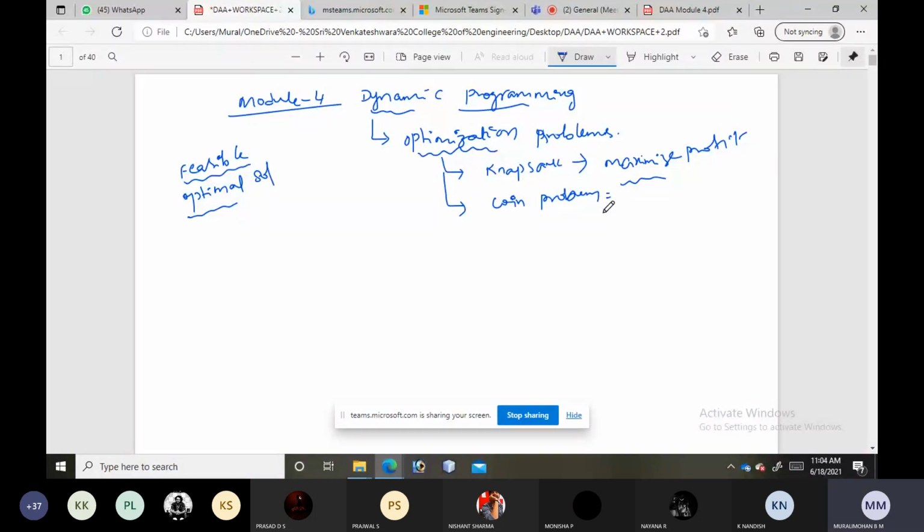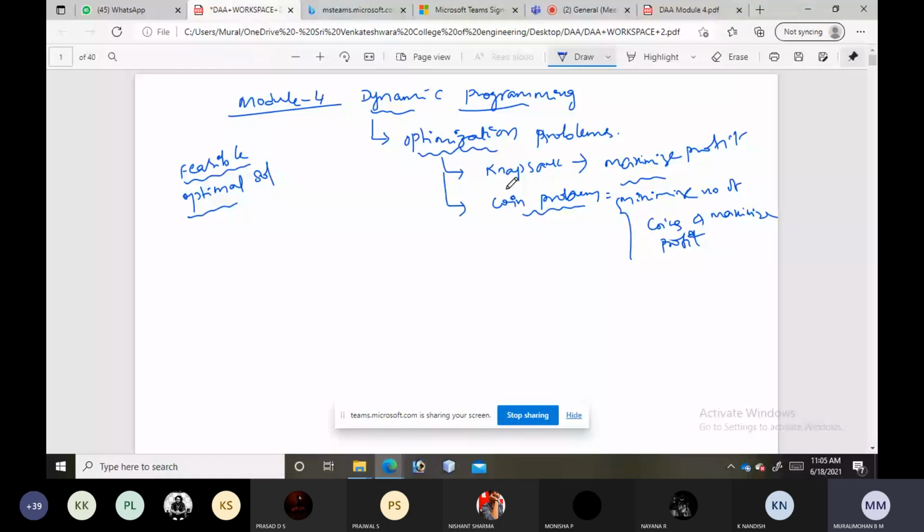So we either minimize number of coins or maximize profit or cost. This is the objective function we have. Again, it is an optimization, and these problems have some optimization function.